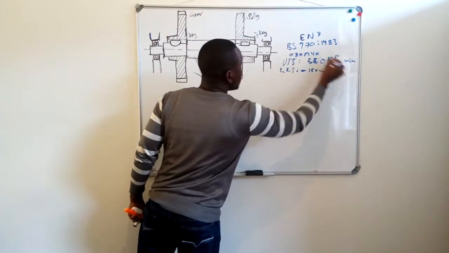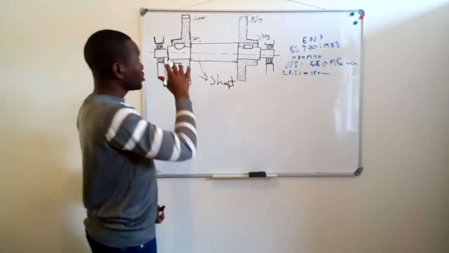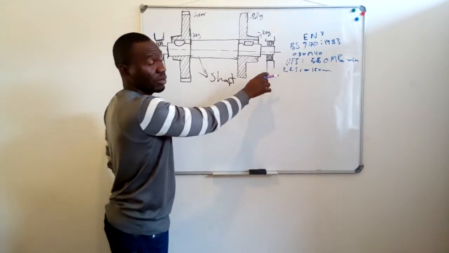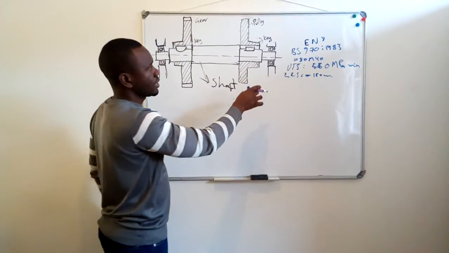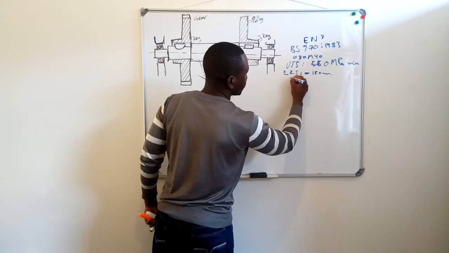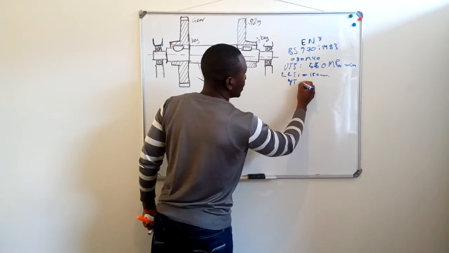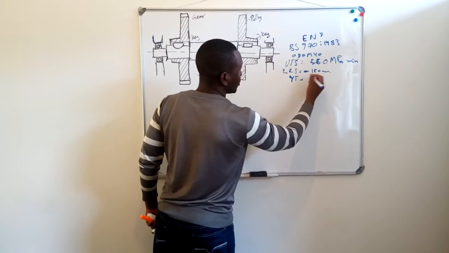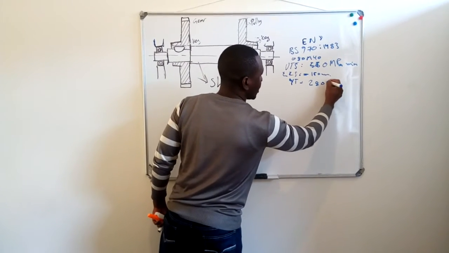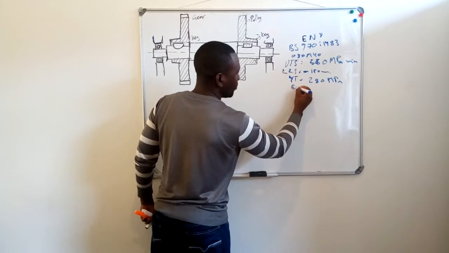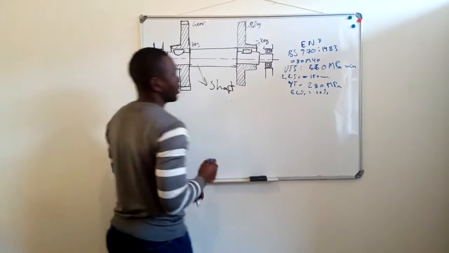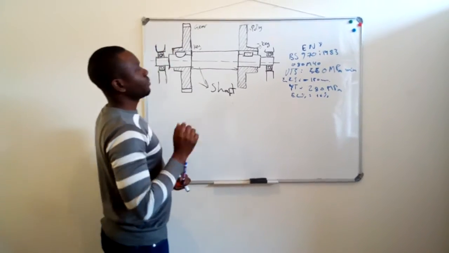Meaning our material, if put under a tension test, needs to give a minimum of 550 MPa. The yield is 280 MPa, and the elongation percentage is 16%.